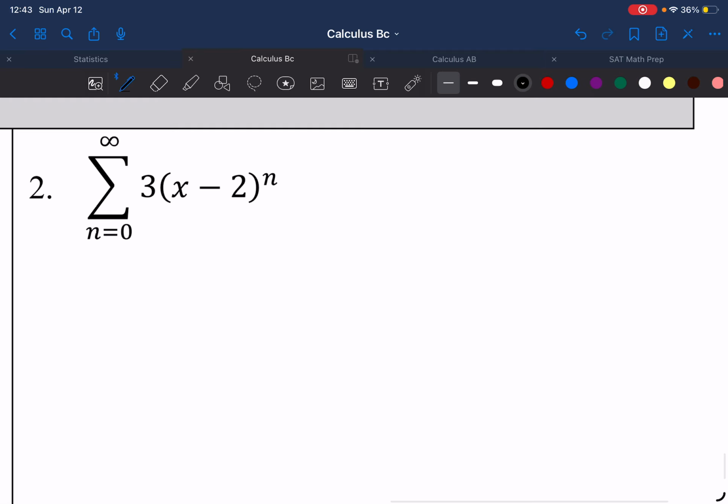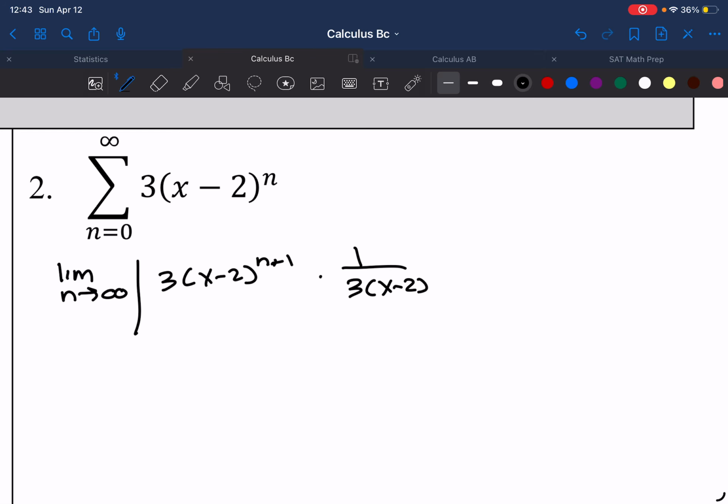Okay, number 2. I'm going to do the limit as n approaches infinity of 3x minus 2 to the power of n plus 1 times 1 over 3 times x minus 2 to the power of n. What's going to happen here is as n approaches infinity, I know that this whole thing is going to be less than 1.